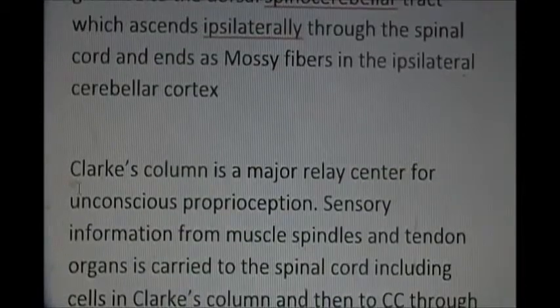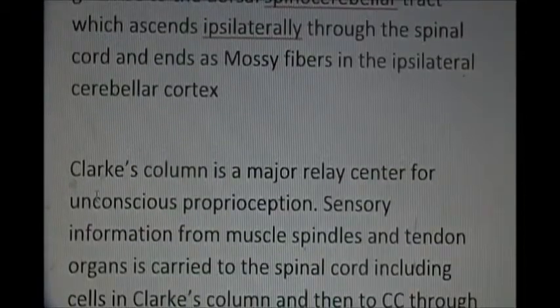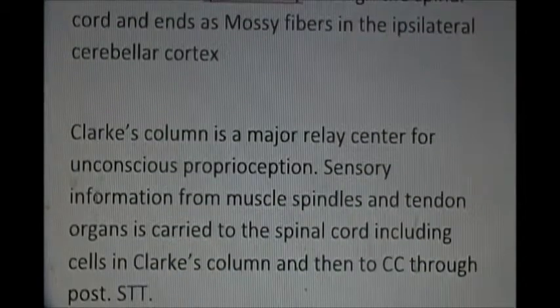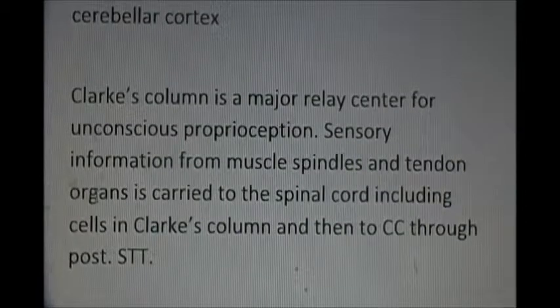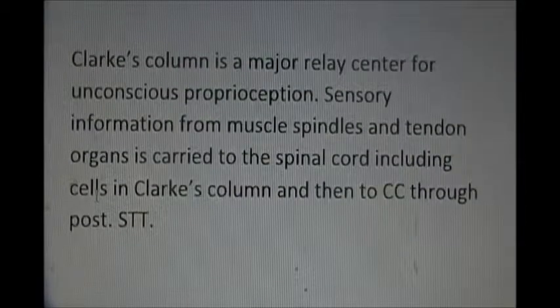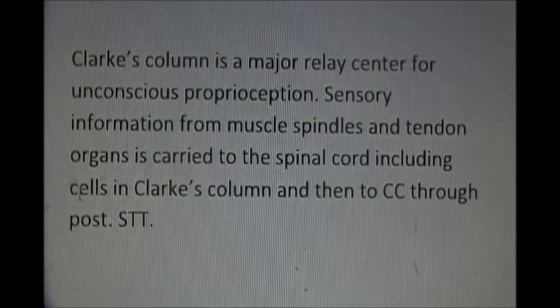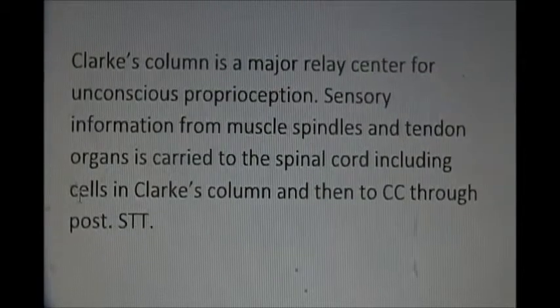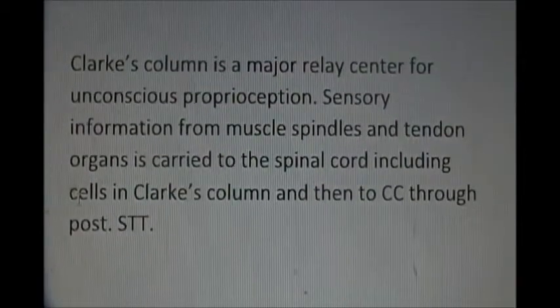The Clark's column is a major relay center for unconscious proprioception. Sensory information from muscle spindles and tendon organs is carried to the spinal cord, including the cells in the Clark's column, and then to the cerebral cortex through the posterior spinothalamic tract.